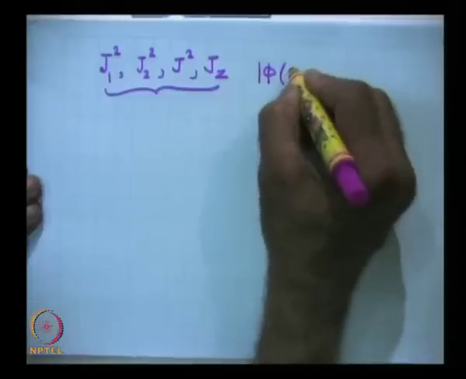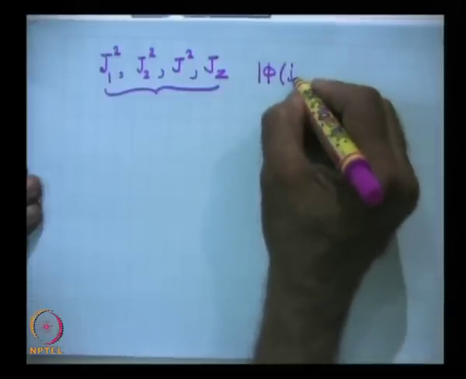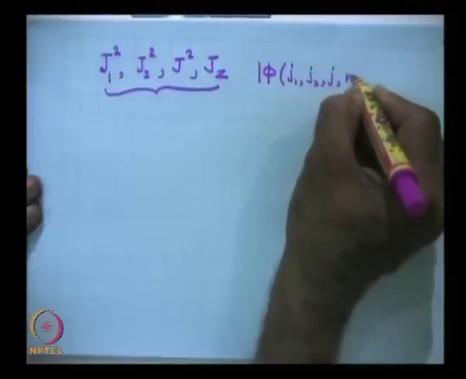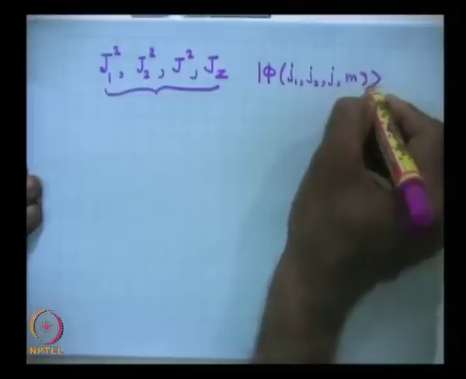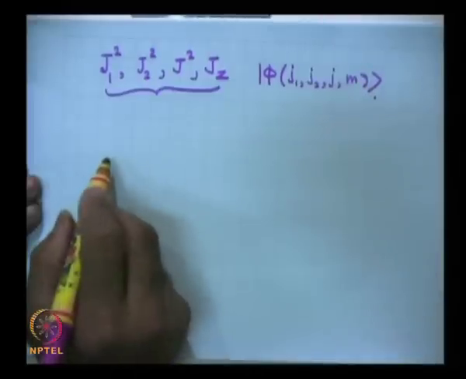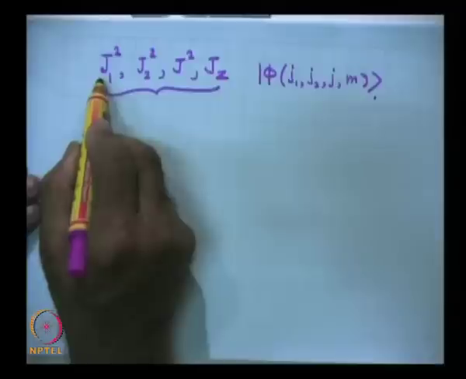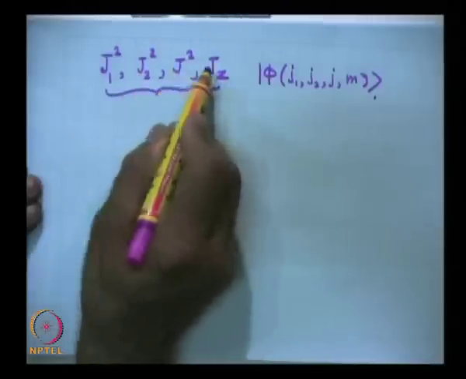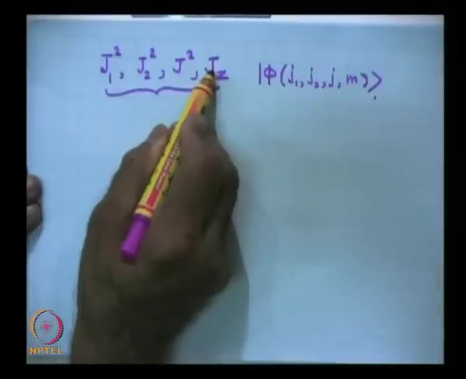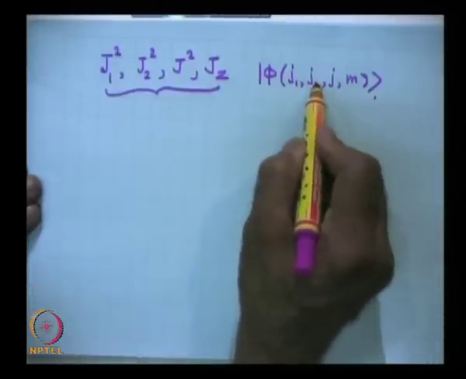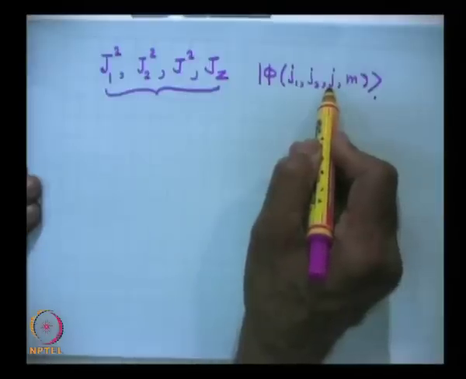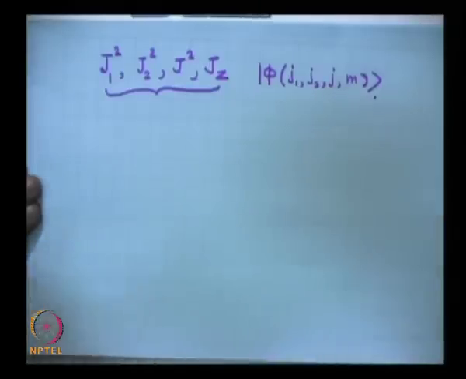So, phi, we will put a ket sign here, |J1, J2, J, M>. These are simultaneous eigenkets of the operators J1 square, J2 square, J square and Jz. Of course, I know J1 and J2, they may be 1 half or something like that, but what are the values of J? That we will find out in a moment. We still do not know.